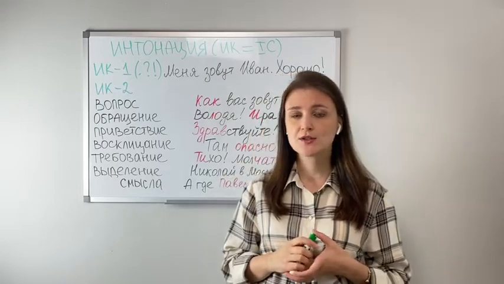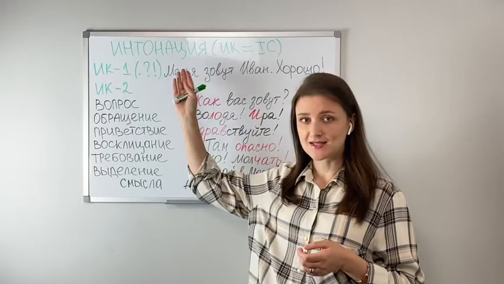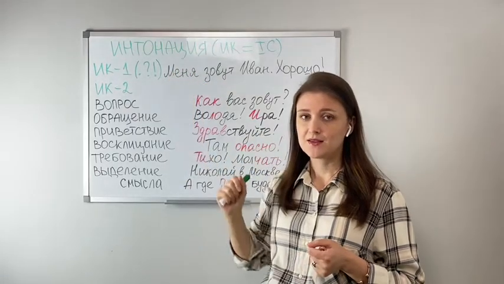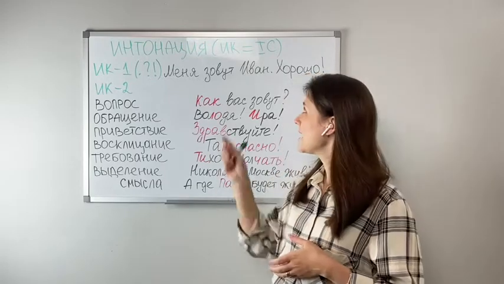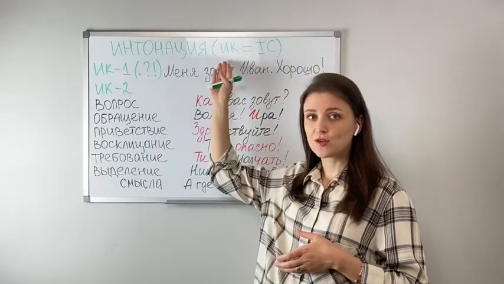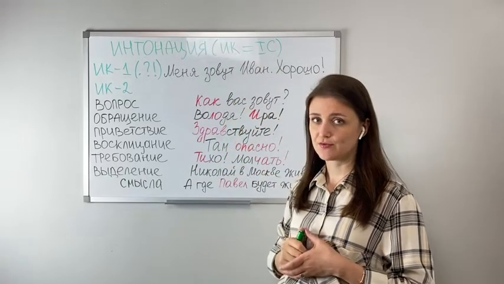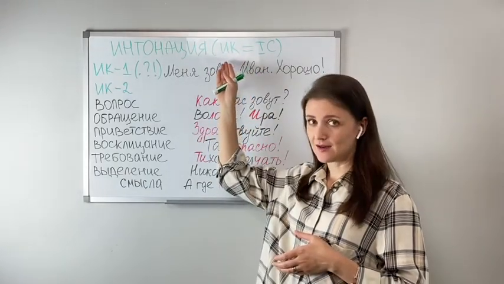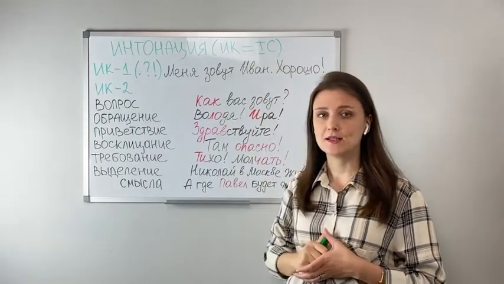Okay, in Russian the word интонация in English translates as intonation. Интонационная конструкция, intonation construction. IK in Russian and IC in English.